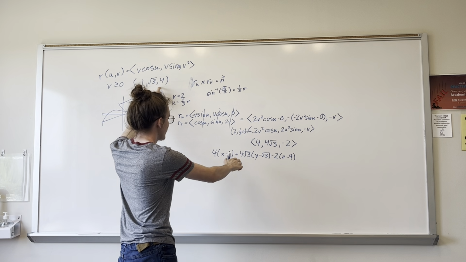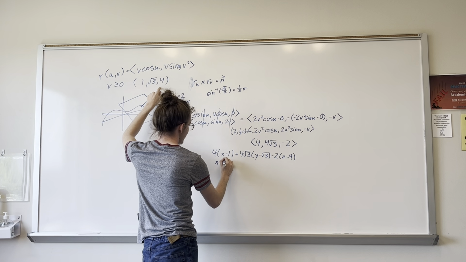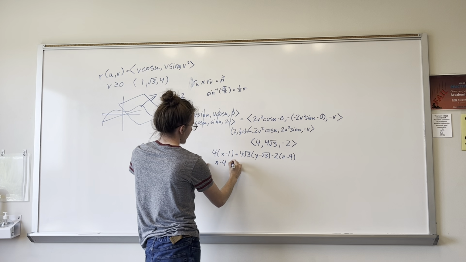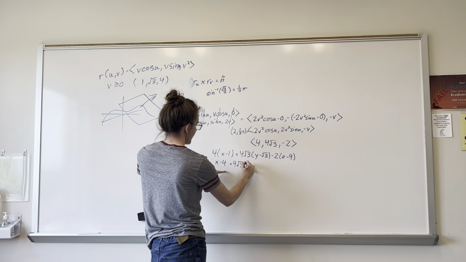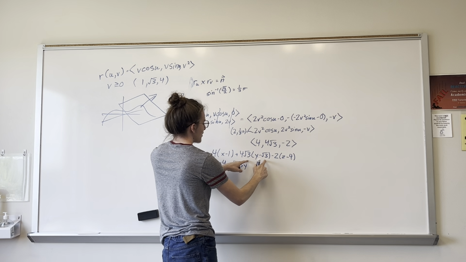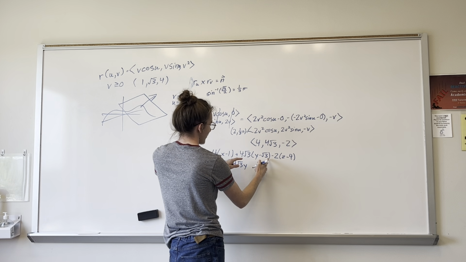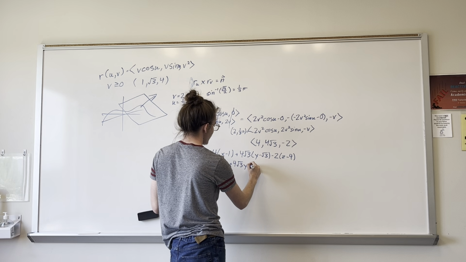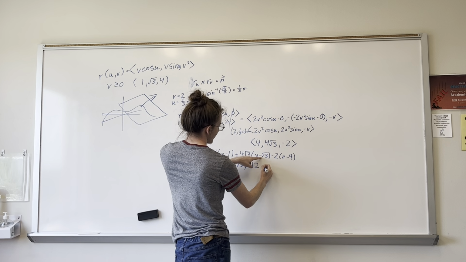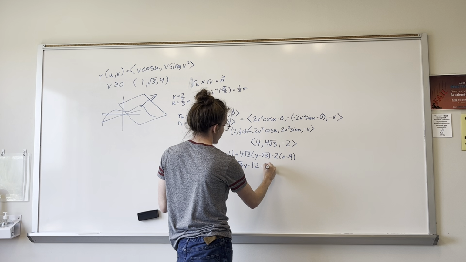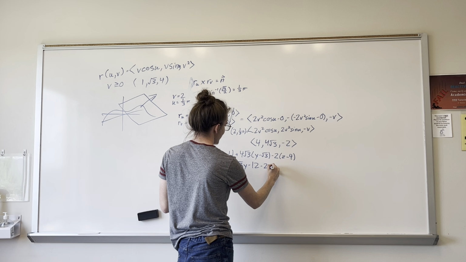Okay, so that's 4x minus 4 plus 4 square root of 3 y. Now multiplying those two will give you 3, so 4 times 3 is 12, so that's minus 12, minus 2z plus 8.